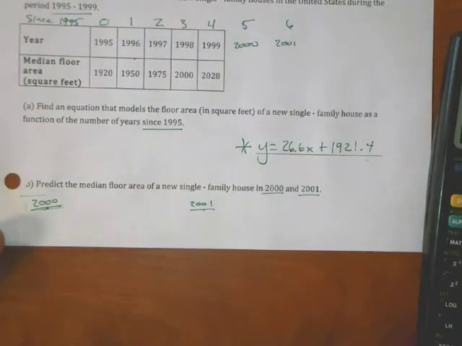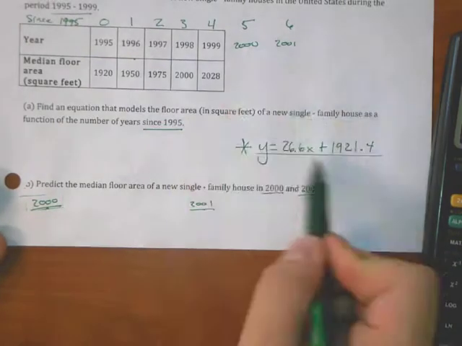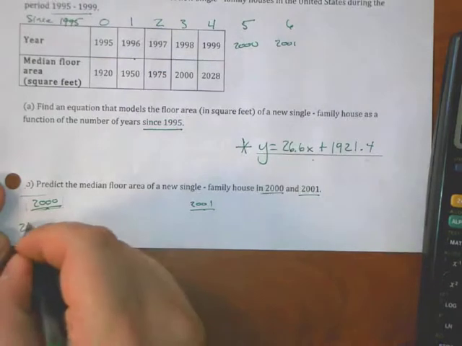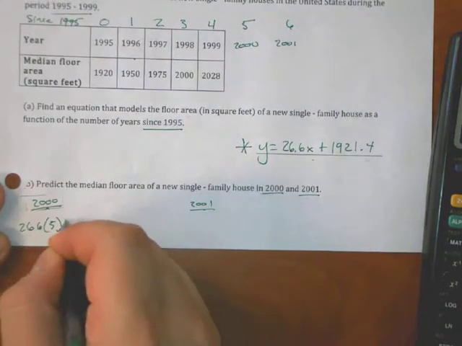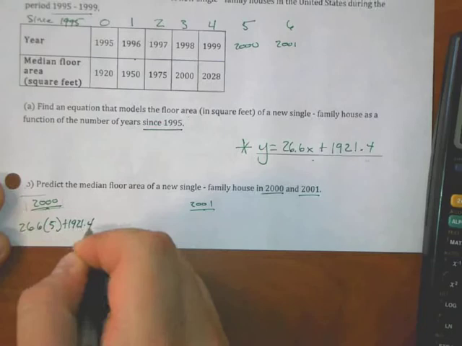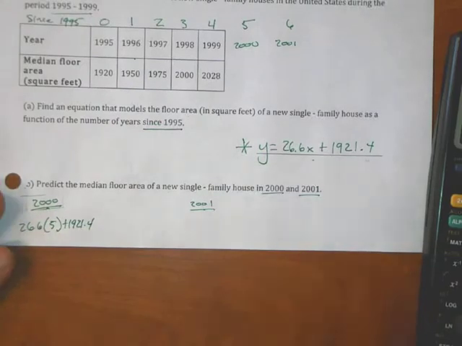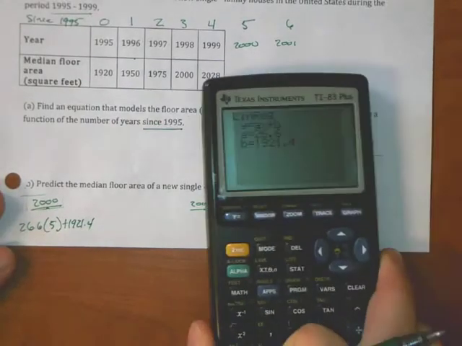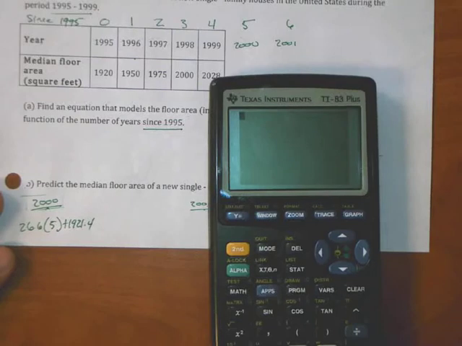So if we want a prediction for the year 2000, what should we do? Plug 5 in. We could use our calculator: 26.6 times 5 plus 1921.4.